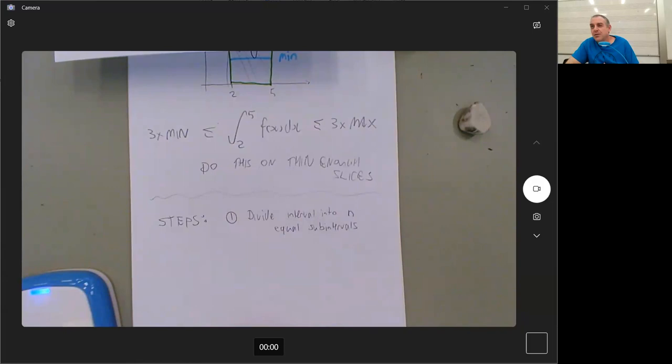There are several things you need to know about your subinterval in order to do the rest of the steps. And so step 1 has a few steps. I'm sorry. You need to figure out how wide those subintervals are, and you need to figure out where they start and where they end.